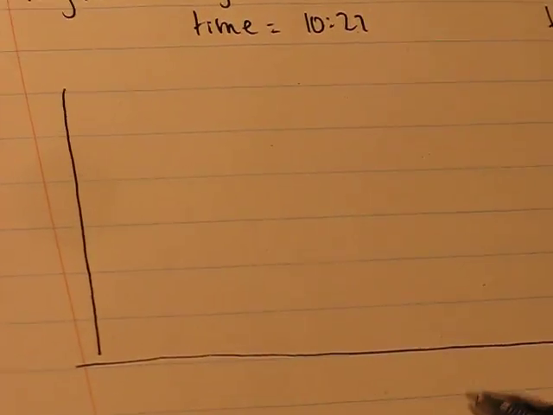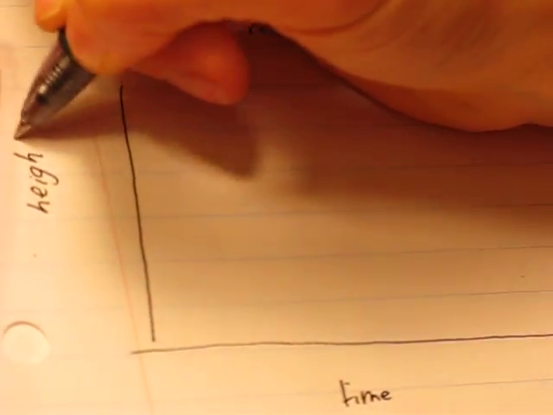The x-axis represents the time and the y-axis represents the height of the tide.